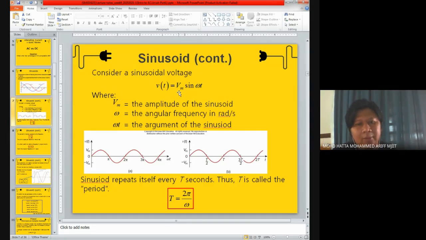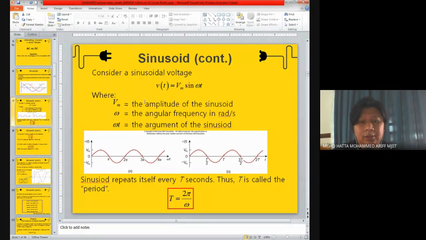Sometimes we're going to have a positive peak value, sometimes we're going to have a negative peak value, but this is the peak value of it. For example, if Vm here equals 10, we do have a value down here of about negative 10 volts, for example.